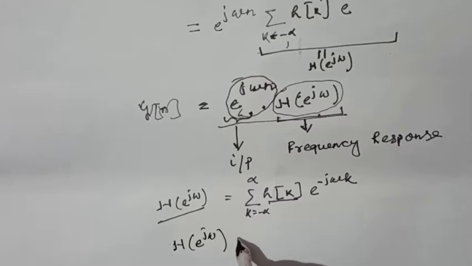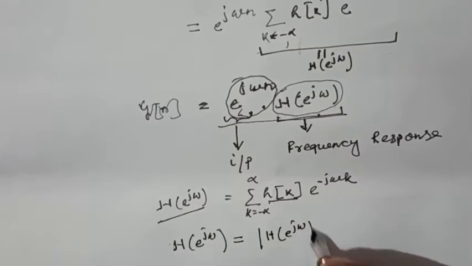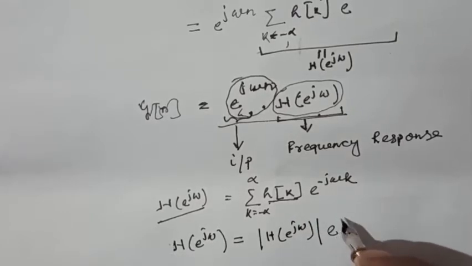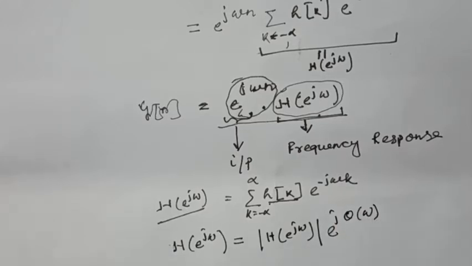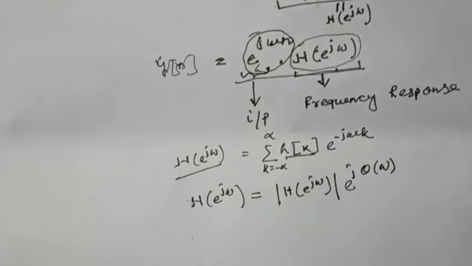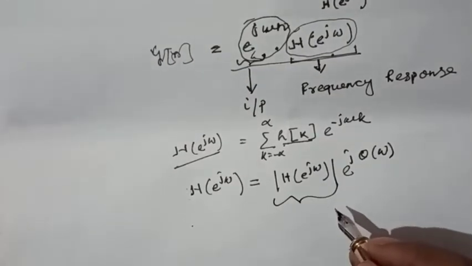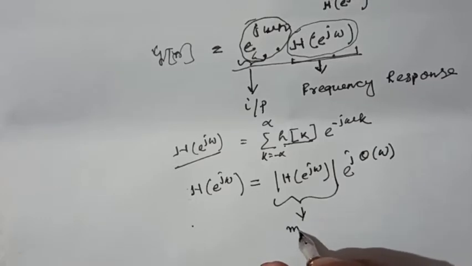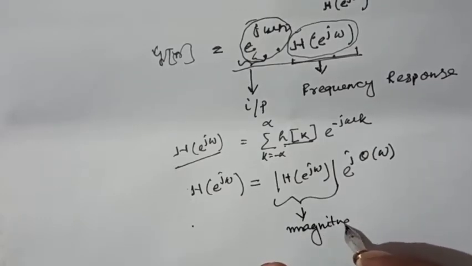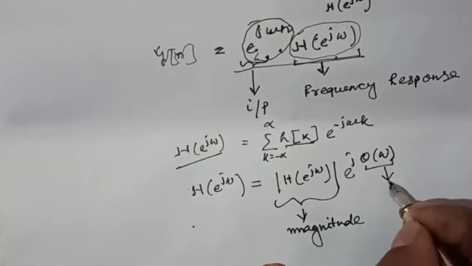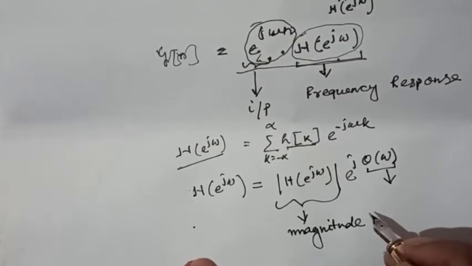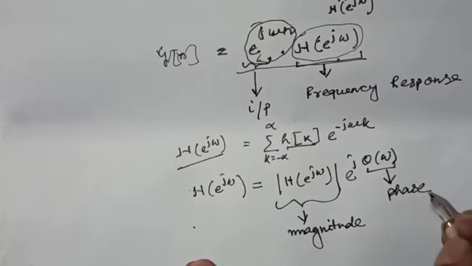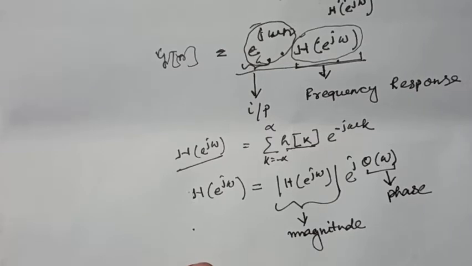So this H of e to the power j omega is a complex quantity, so it can be represented in polar form like this: magnitude of H of e to the power j omega times e to the power j theta of omega, where this is the magnitude response of the system, and this theta of omega is the phase response. Magnitude response and phase response.